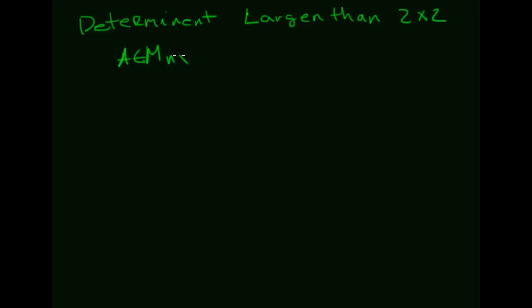So this is going to give us a definition for a determinant for matrices larger than 2 by 2. Now, the idea here is this is recursive. So we're just going to say that A is an n by n matrix.